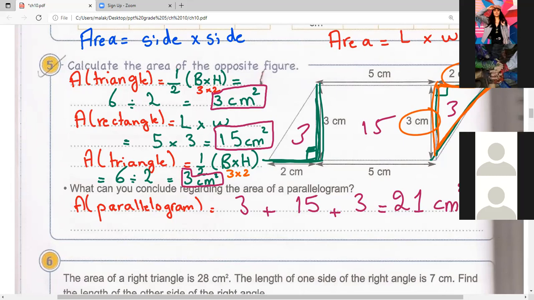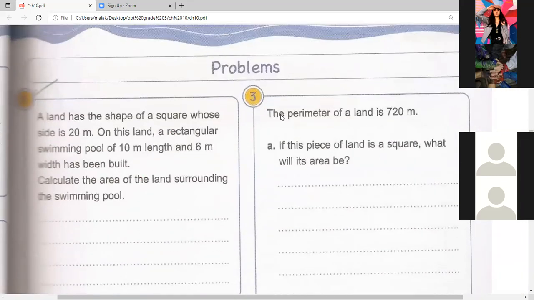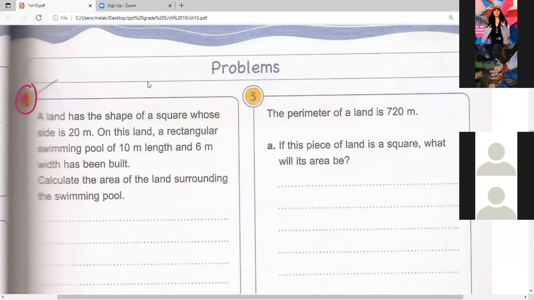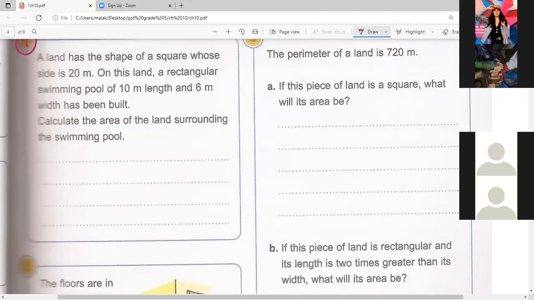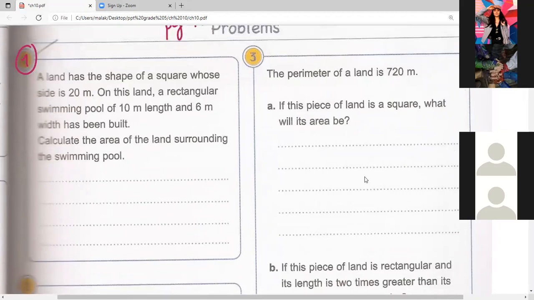Did you copy it? Tomorrow is the last Zoom session. We won't have time to finish problem 1. I will explain it today, and tomorrow we'll do exercise 1 part B, which you will work on alone. Now I'll explain it to you and you will work on it alone.